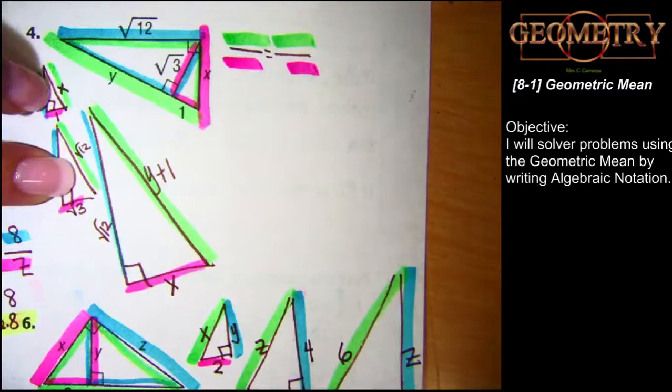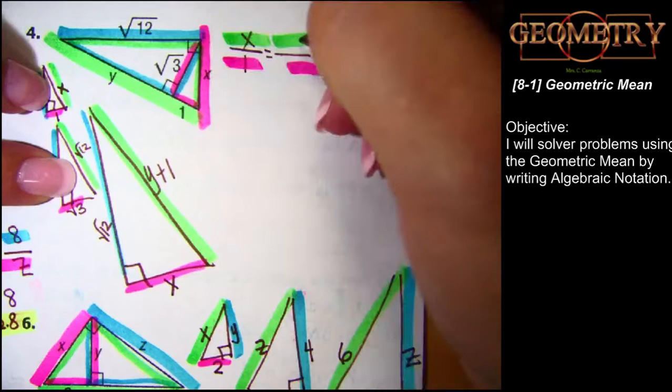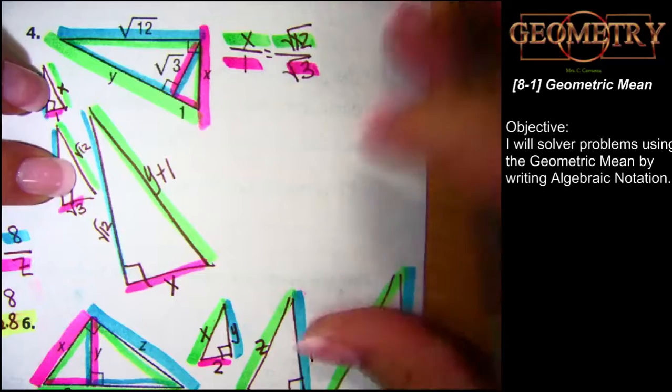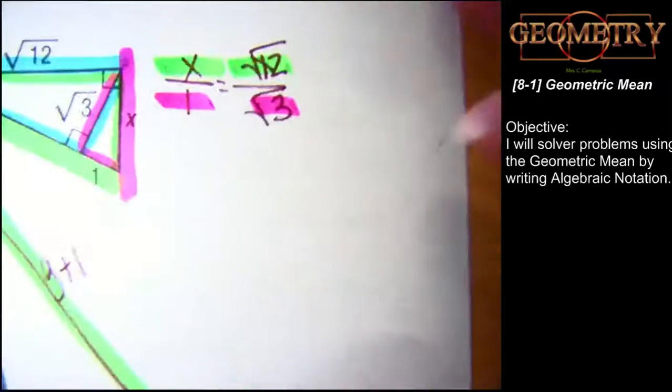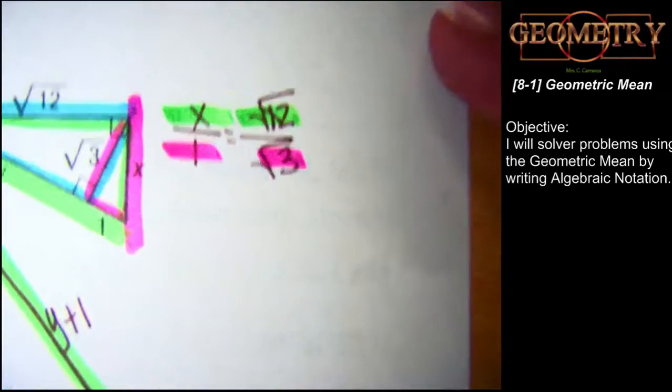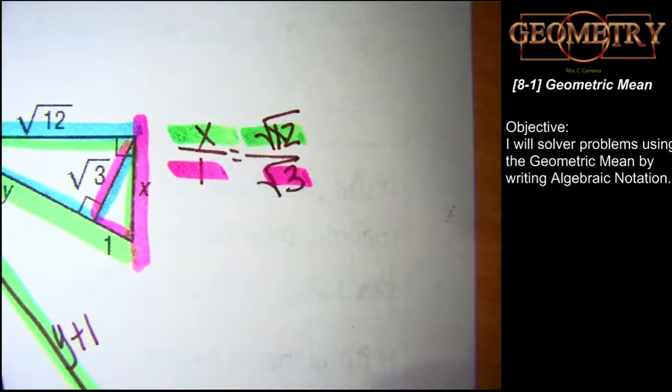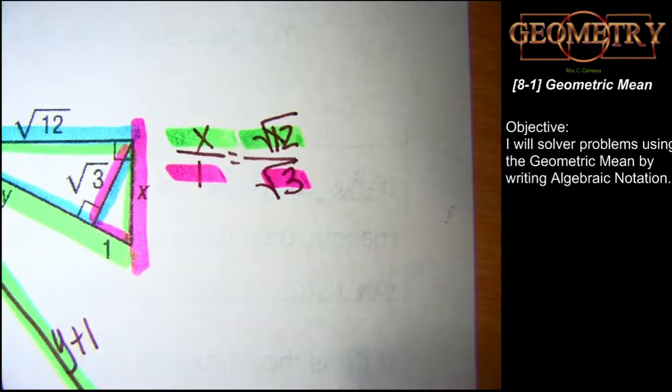All right, so I'm looking at these. All right, that looks like it's not helpful at all, right? Because it's this fraction that's made up of square roots.